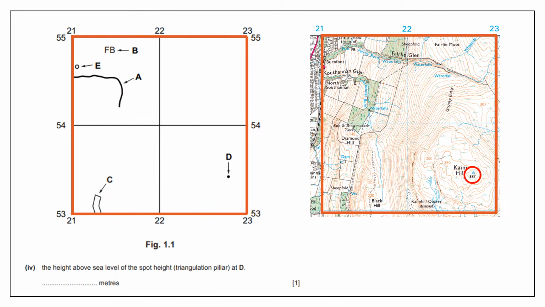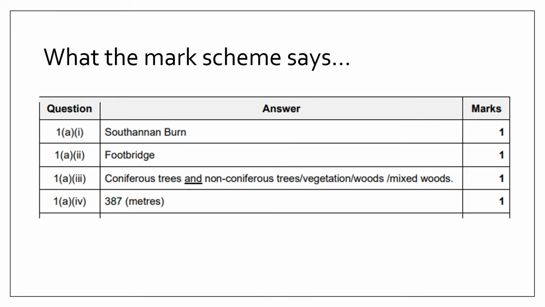And then D, and this is quite naughty because really there's a triangulation pillar there, not a spot height, which they've put in figure 1.1, but it's easier to read off, so you've got 387. Usually they'll actually draw a triangle onto the figure. And as you can see here, we've got them all right.